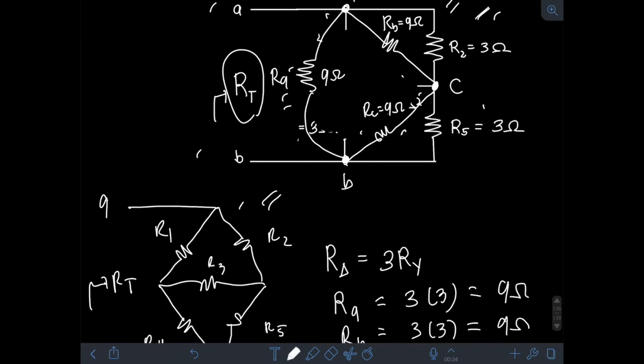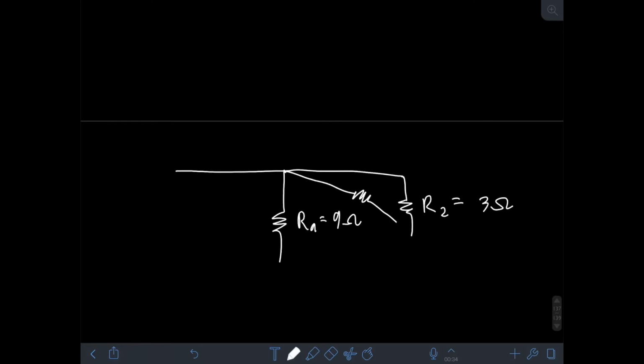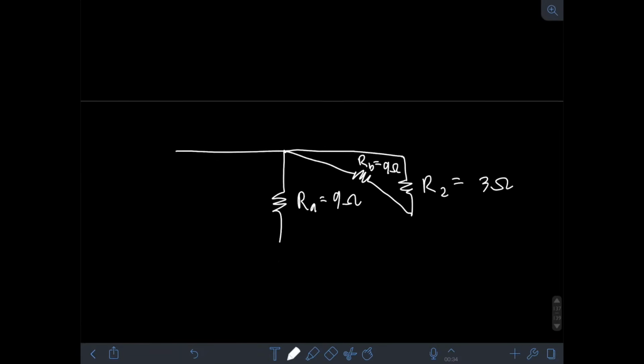So if we try to redraw, we now have this RA, which is 9 ohms, and we have this R2, which is 3 ohms, and we have this RB, which is also 9 ohms.